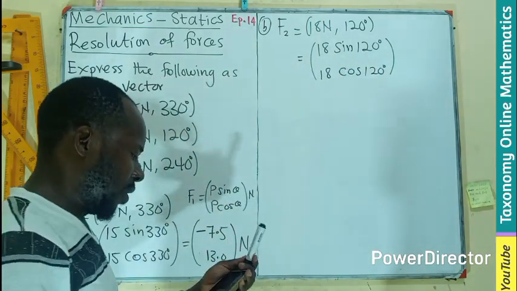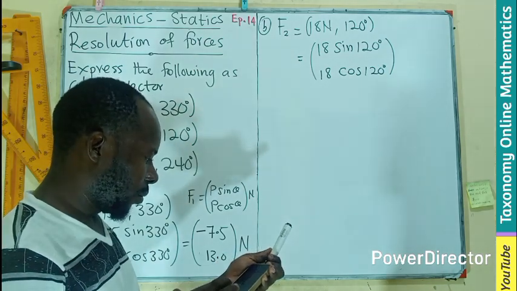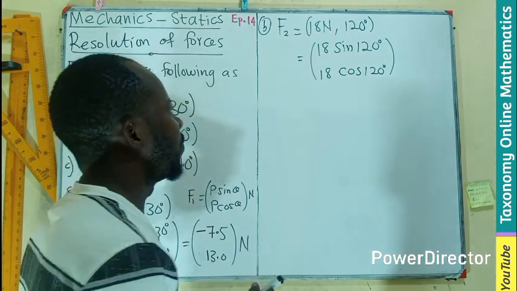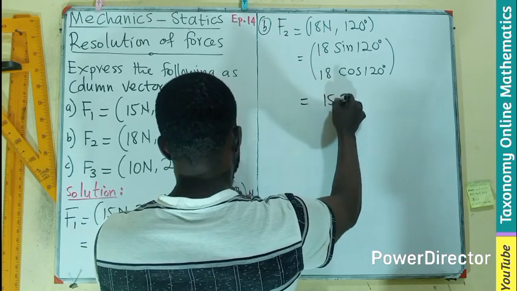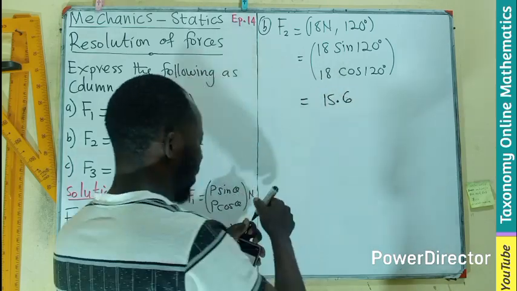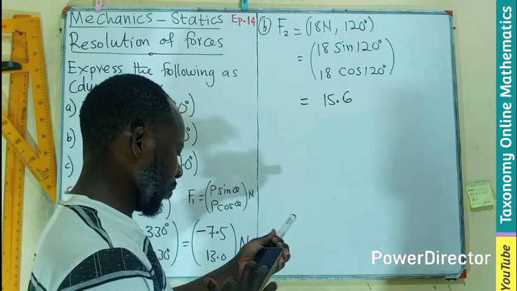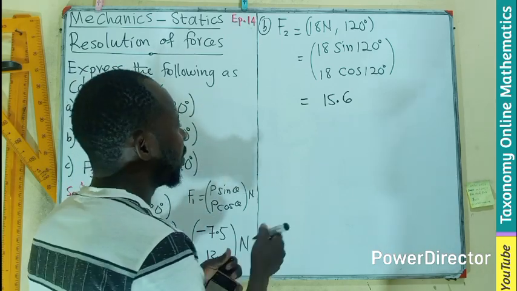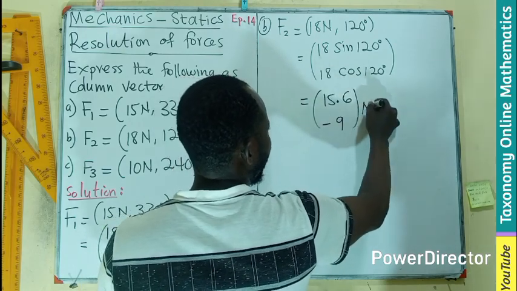Let's resolve that with our calculator. The first one gave me a value of 15.6. Then the second one gives me a negative 9. So these also have the unit.